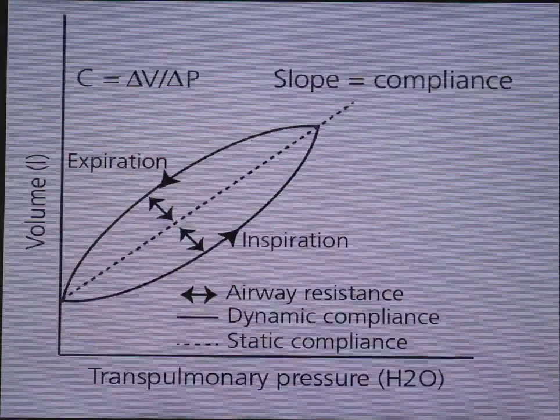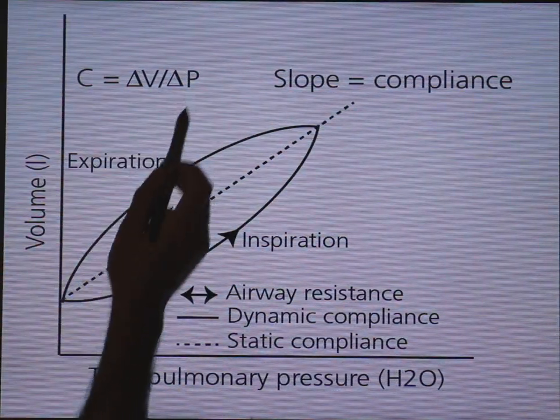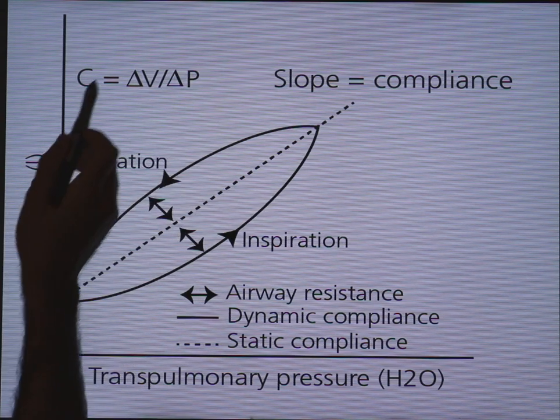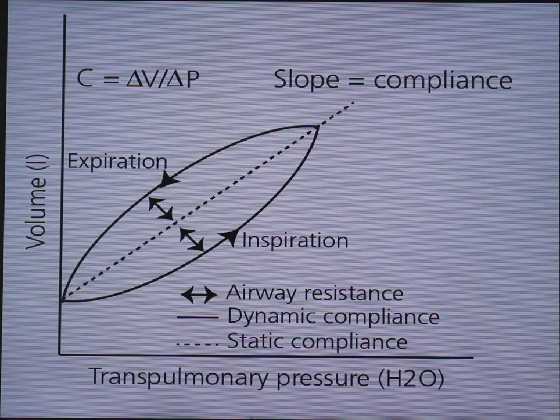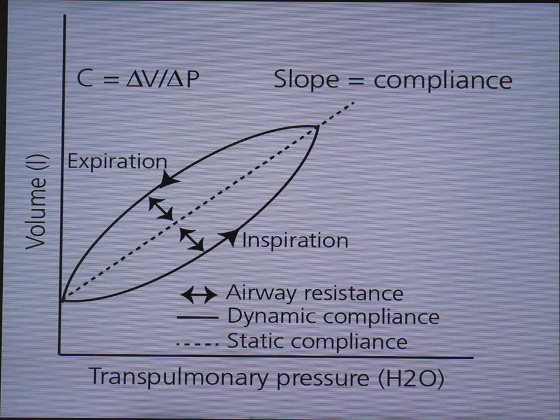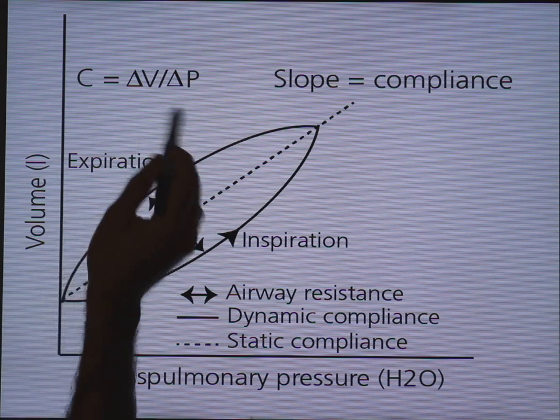So the more the change in volume with less change in pressure, the greater the compliance. If the volume increases exponentially with very little change in transpulmonary pressure, the compliance is great.